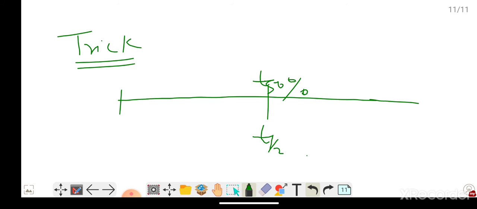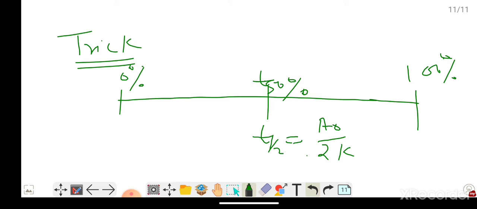Here 0% means no reaction, no product formed. Here 100% means all the reactant converted into product. So here t half-life is equal to A naught by 2K, and here we have time tau equal to A naught by K, the time for completion of zero order reaction.